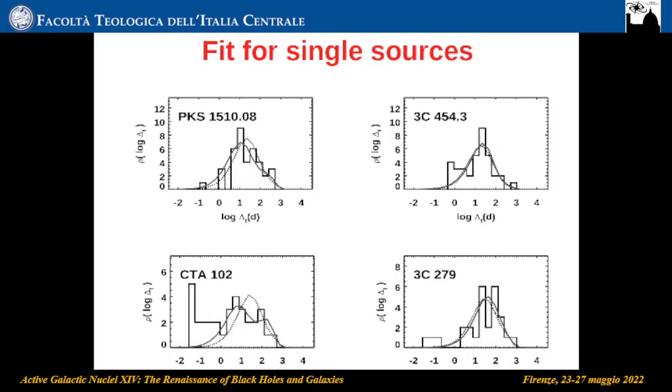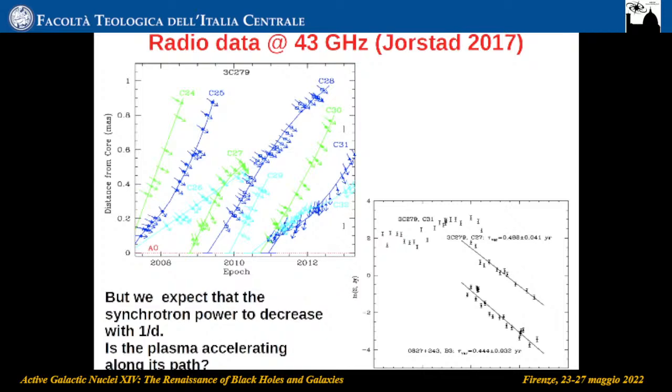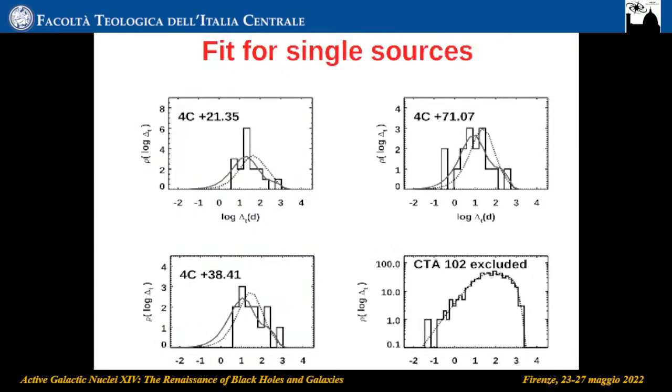CTA is peculiar because all these flares happen during two periods that were associated in radio with the crossing of moving features through standing features of the jet. These are the samples of some other sources, and you see that you have a lack of events.